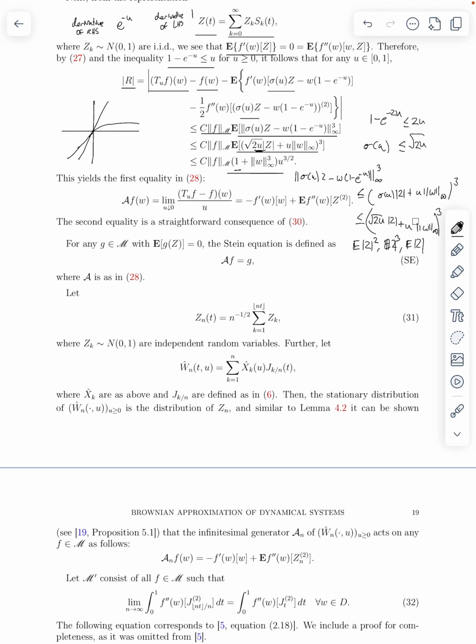In reality, we could have done this whole thing by really just stating that the square root of 1 minus e to the negative 2u divided by u, the limit as u goes down to 0 of this is 0. But you have to be a little bit careful.